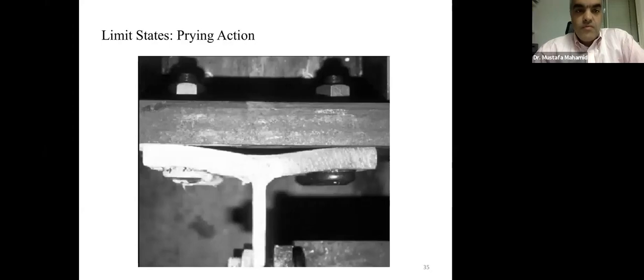And also prying action, when you have, for example, a WT connected like this and an axial load applied to it, so you can see the gap from the deformation of the WT. That's something we have to consider and avoid in our design.